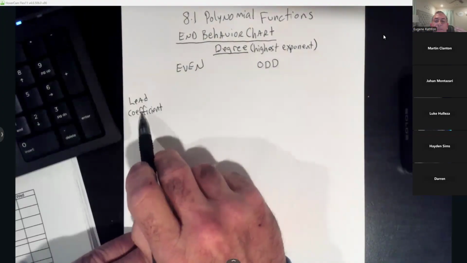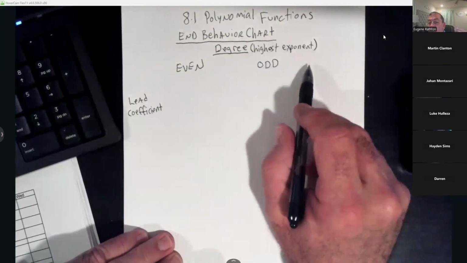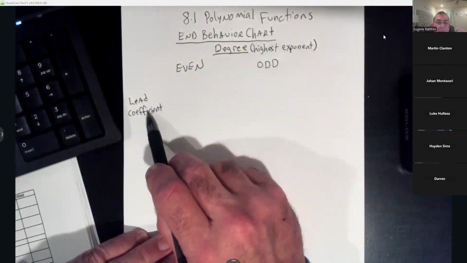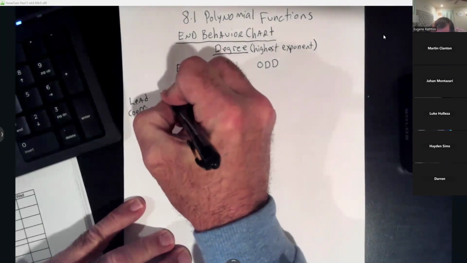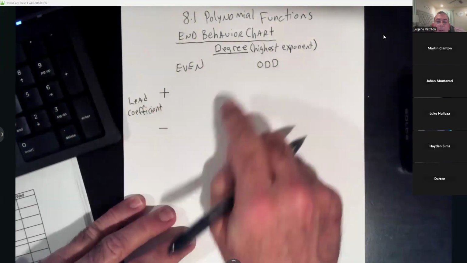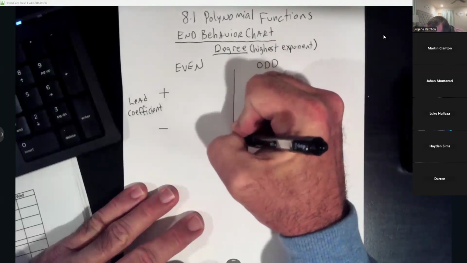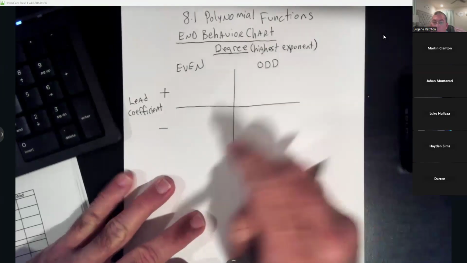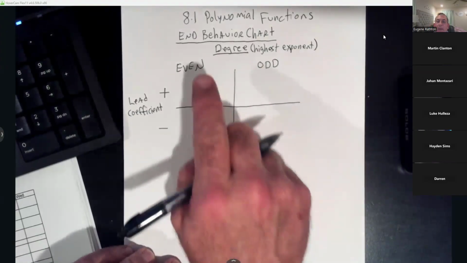And y'all, the lead coefficient is the number in front of the variable that has the highest exponent, okay? Now, this lead coefficient can be positive or the lead coefficient can be negative. So this is going to give us a chart with four different options to choose, okay?